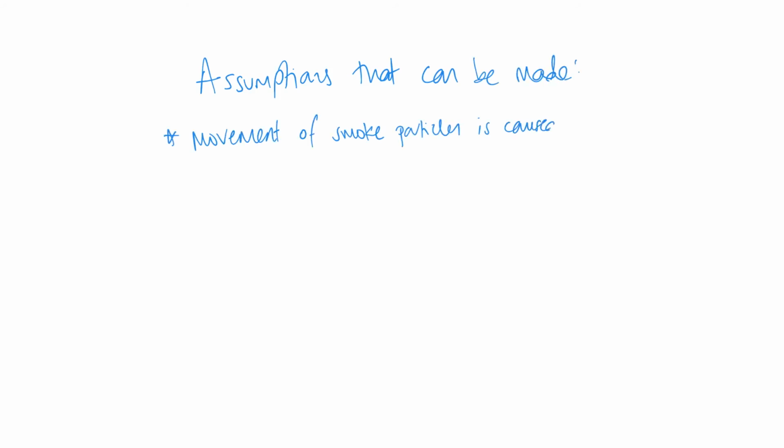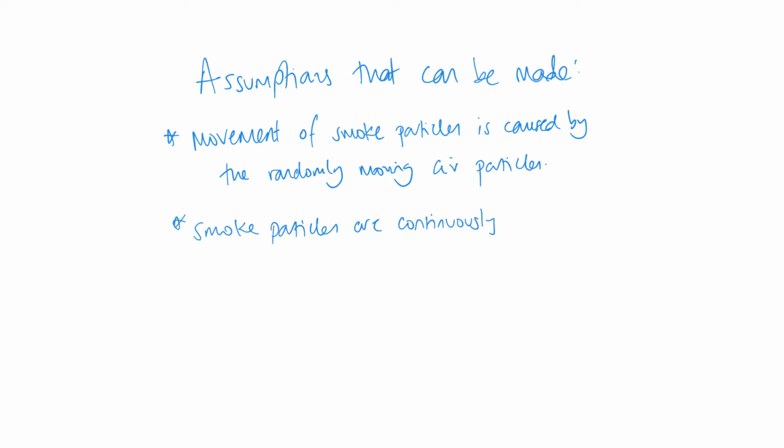So based on this, there can be some assumptions made. Movement of the smoke particles is caused by the randomly moving air particles. Smoke particles are continuously moving because the air molecules are also continuously moving.